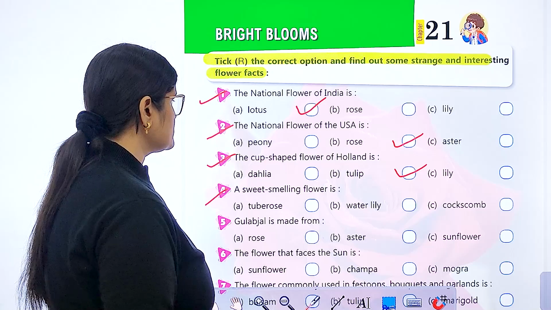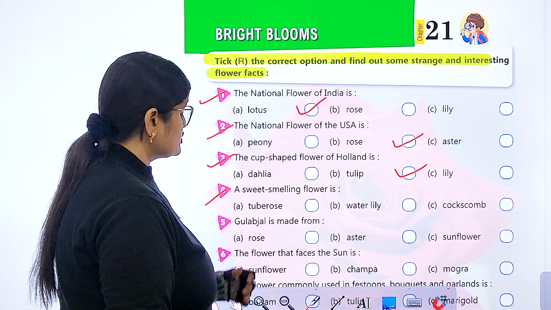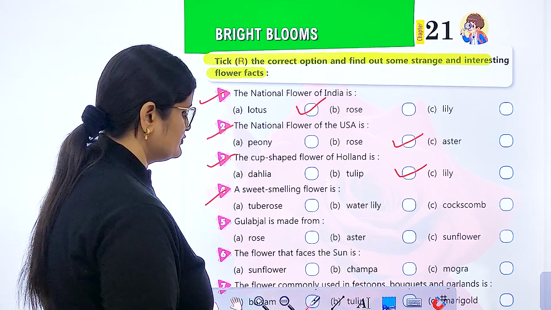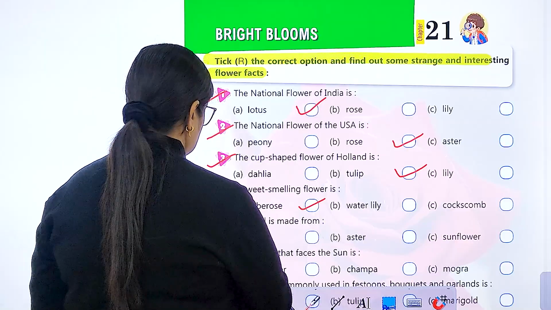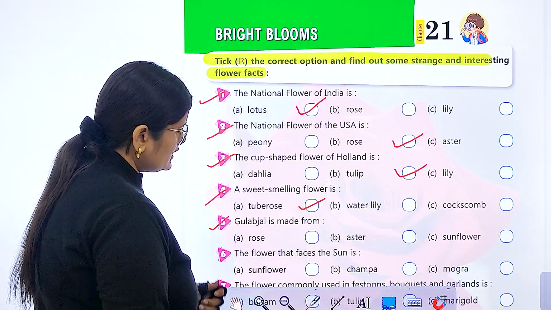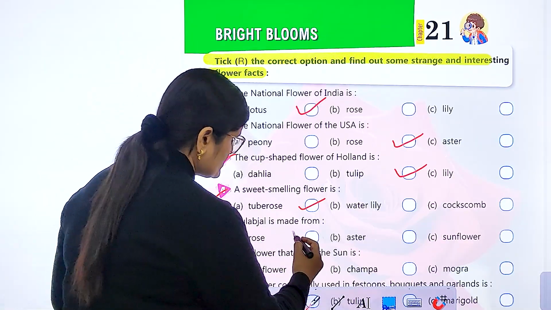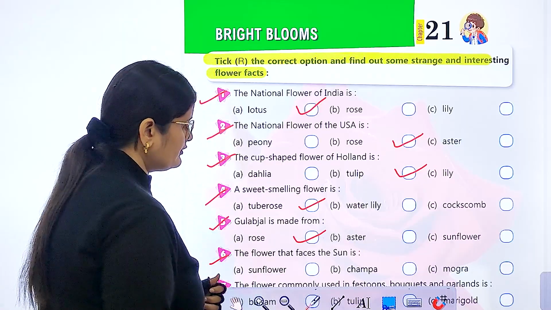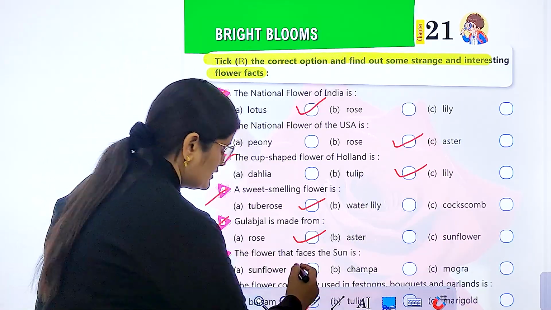4. A sweet smelling flower is tuberose. 5. Gulab jal is made from rose. The flower that faces the sun is sunflower.